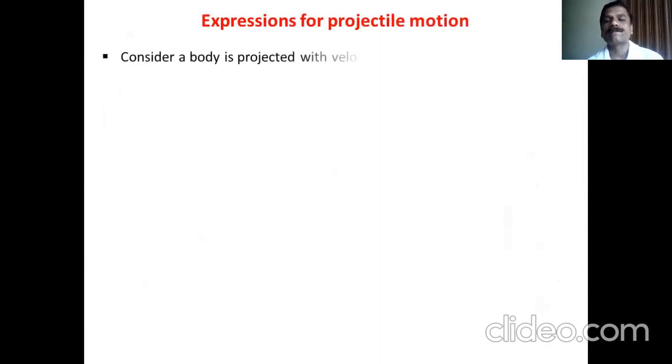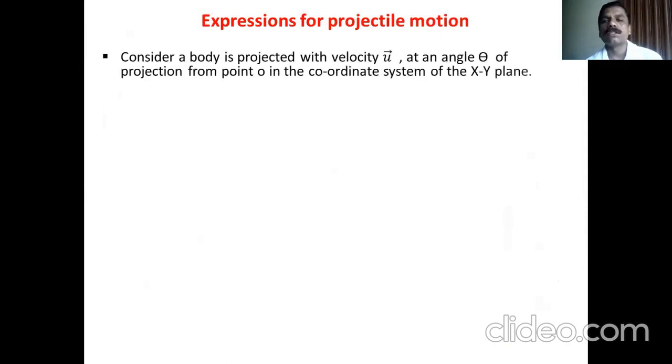Now we want to find the expressions for the projectile motion. In the diagram we have already seen the body is projected with initial velocity u, and theta is the angle of projection from the point O, which is the intersection of the x and y axes.